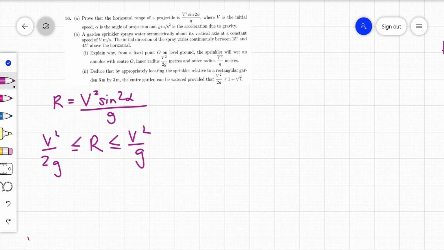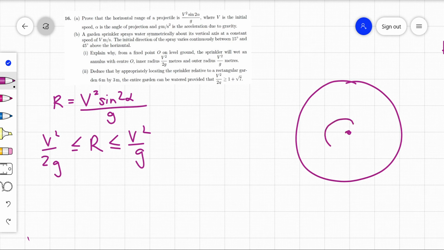So if you think about it, this means I have to draw, which is always an issue. So here we have, I'll do two pictures. Say we have an inner radius, so let's call that our R1. That's our radius there. And then where would we place this garden?